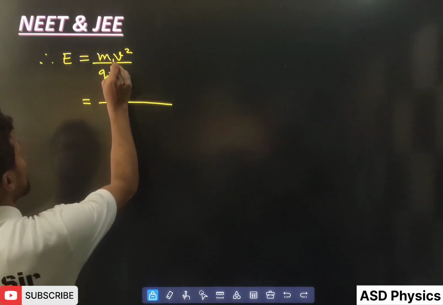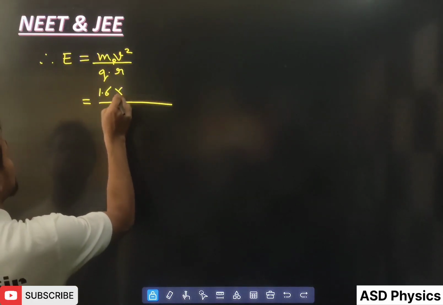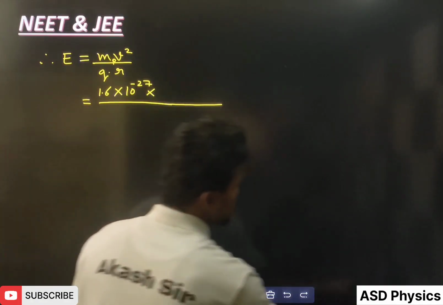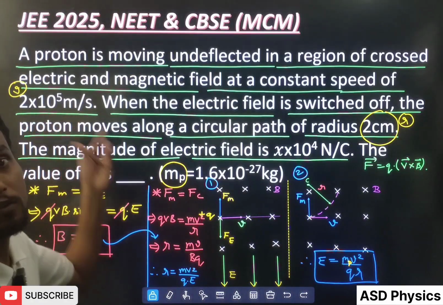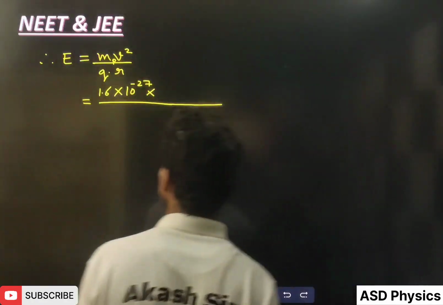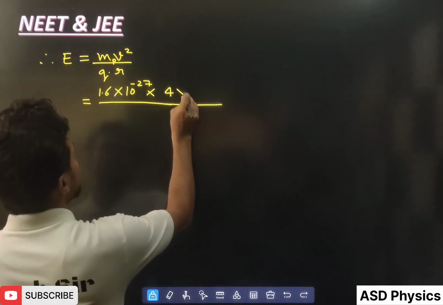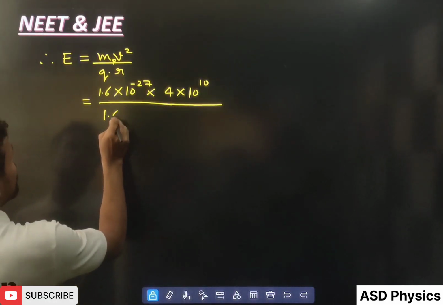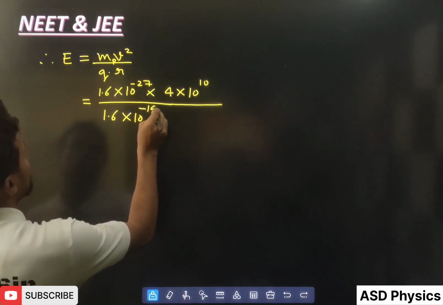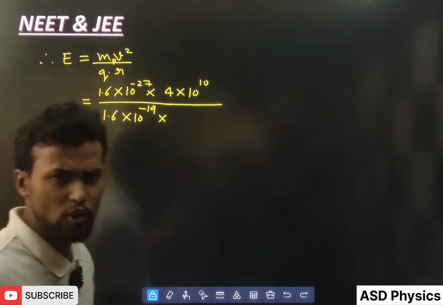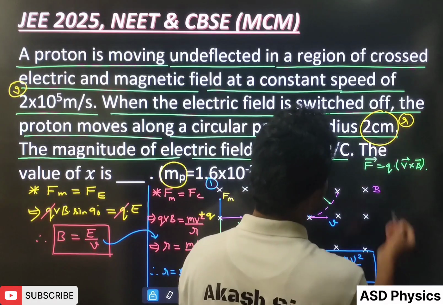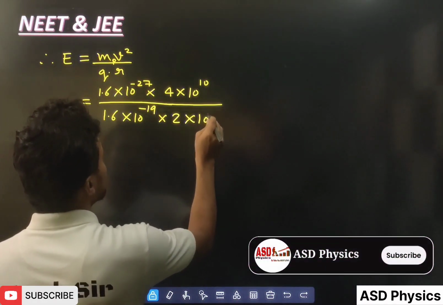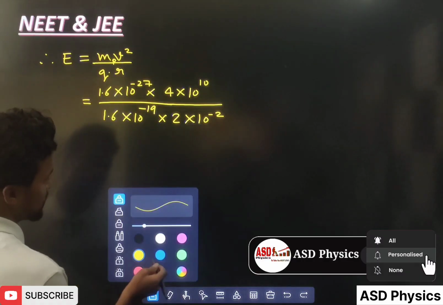V is given as 2 into 10 power 5, but we have to square it, so it will become 4 into 10 to the power 10. The charge on the proton is 1.6 into 10 power minus 19, and the radius is 2 centimeter, which converted into SI is 2 into 10 power minus 2 meter.